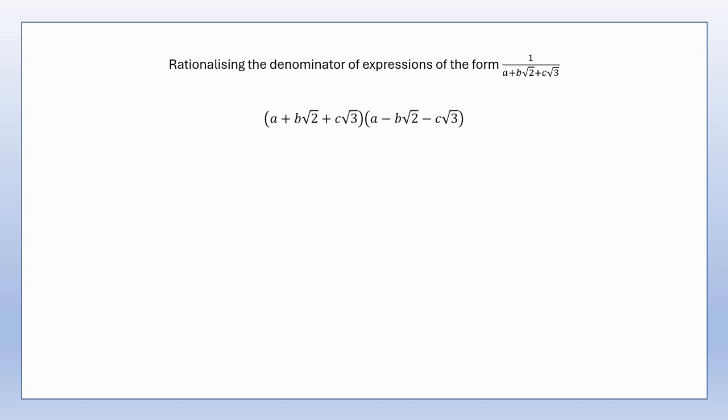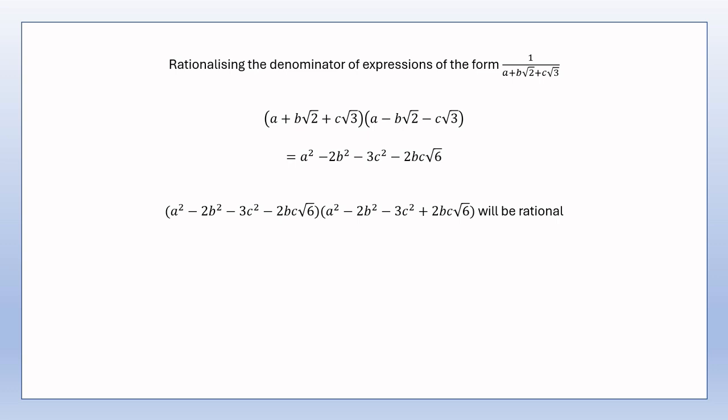In other words, I calculated a plus b root 2 plus c root 3 times a minus b root 2 minus c root 3, which turns out to be a squared minus 2b squared minus 3c squared minus 2bc root 6. And so I know that a squared minus 2b squared minus 3c squared minus 2bc root 6 times a squared minus 2b squared minus 3c squared plus 2bc root 6 will be rational.